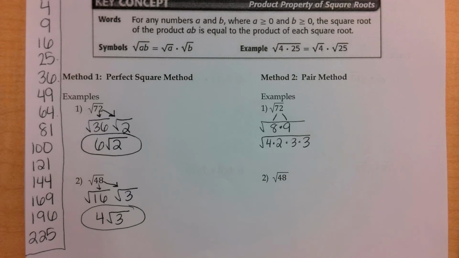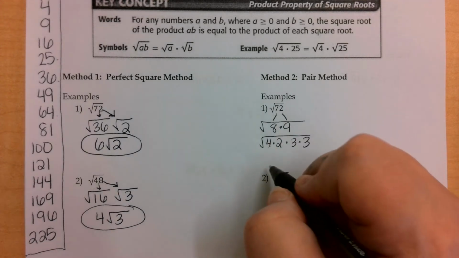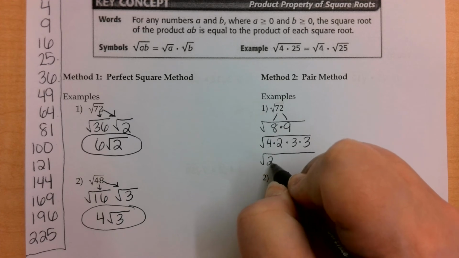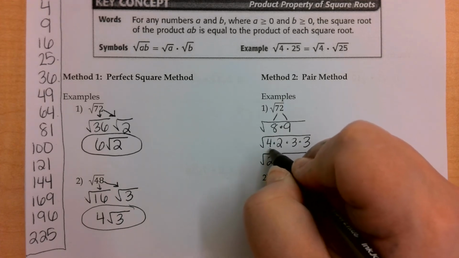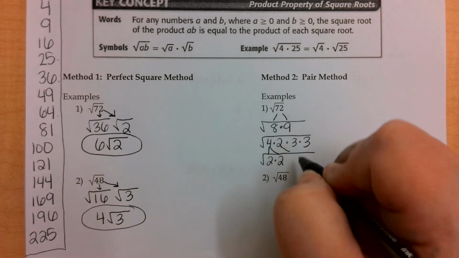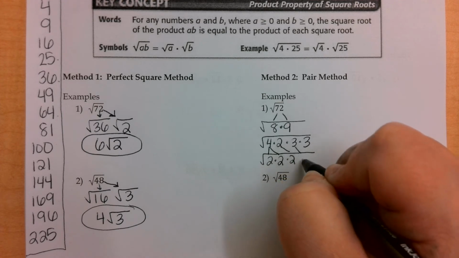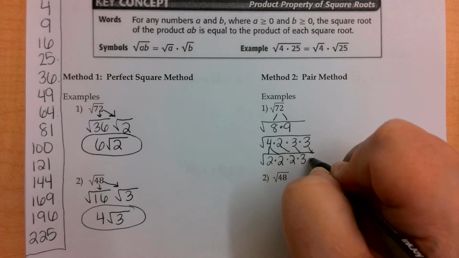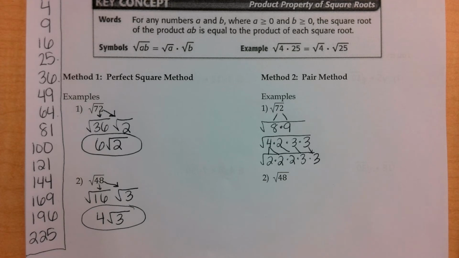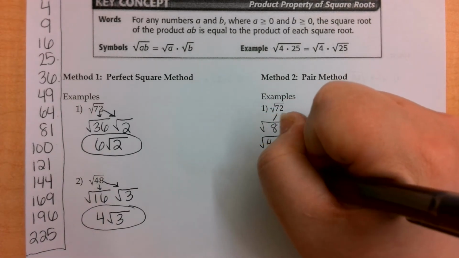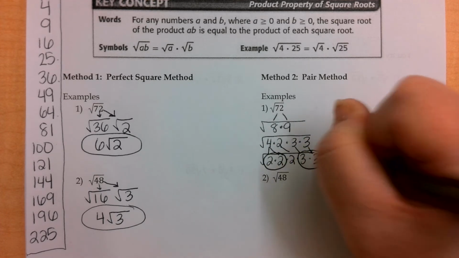Alright, there's still something else that could be broken up, and that's the 4. 2 times 2 is 4, and then I'll copy down this 2, so times 2, copy down the 3, copy down the other 3. Alright, and then I look for pairs. So I have a pair of 2's and I have a pair of 3's.